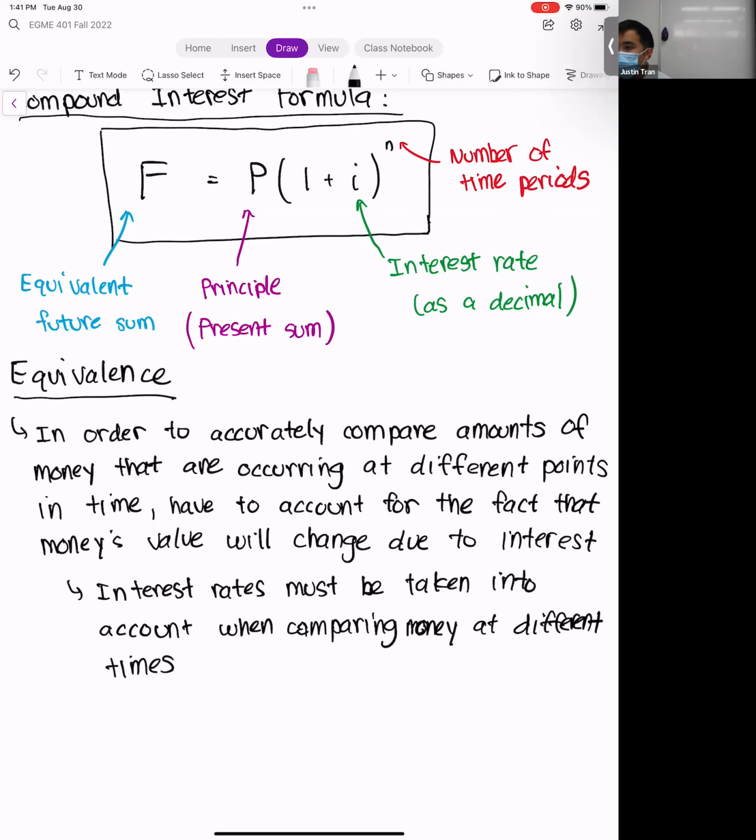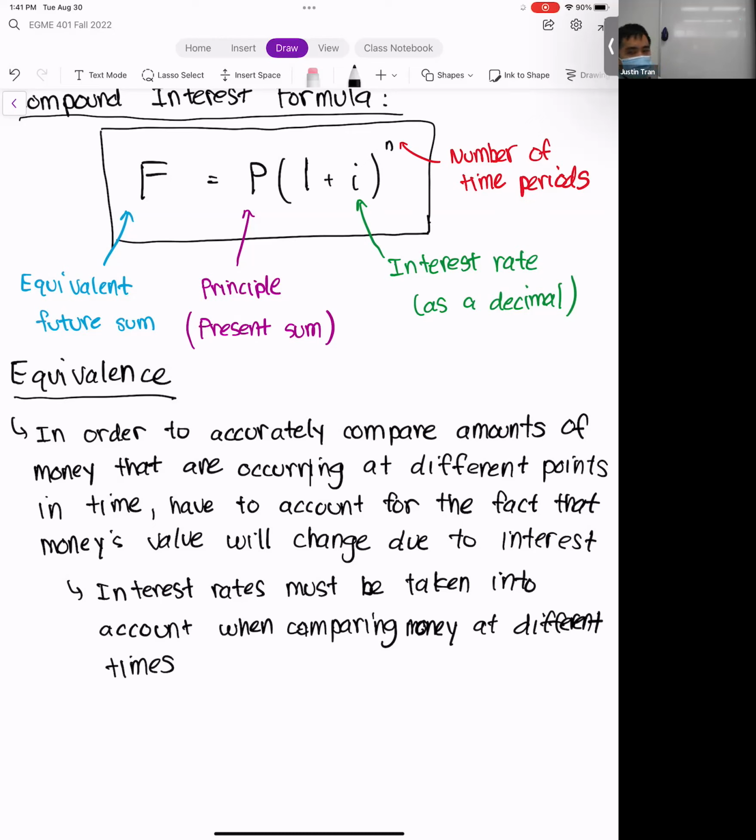So professor, in the formula, what does the I stand for? Oh, you're talking about this one. So this is just the number one. It's not an I, it's just a number one. Actually, that's a good point.